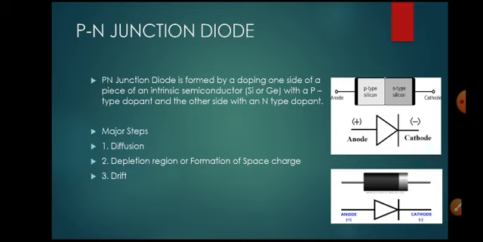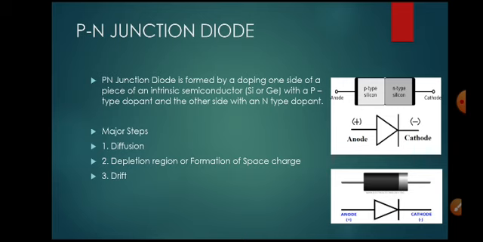PN junction diode is formed. A pure semiconductor is doped on one side of the piece with a p-type dopant, and the other side of the semiconductor is doped with an n-type dopant.